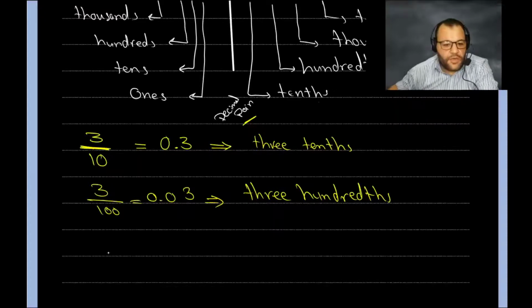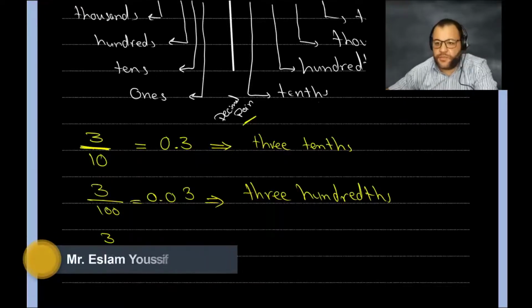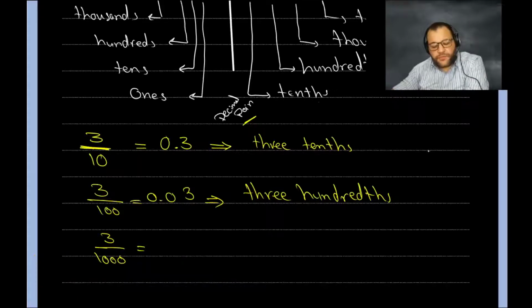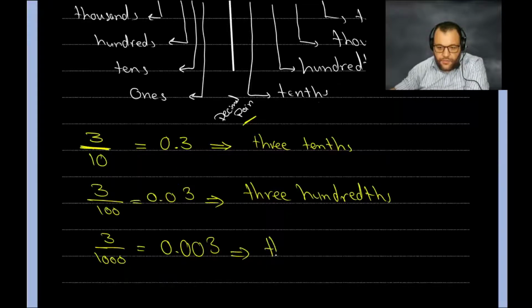If I have 3 over 1,000, can you convert this number? Abdurrahman? Convert to decimal, so it will be 0.003. Can you read it? 3 thousandths. Okay.